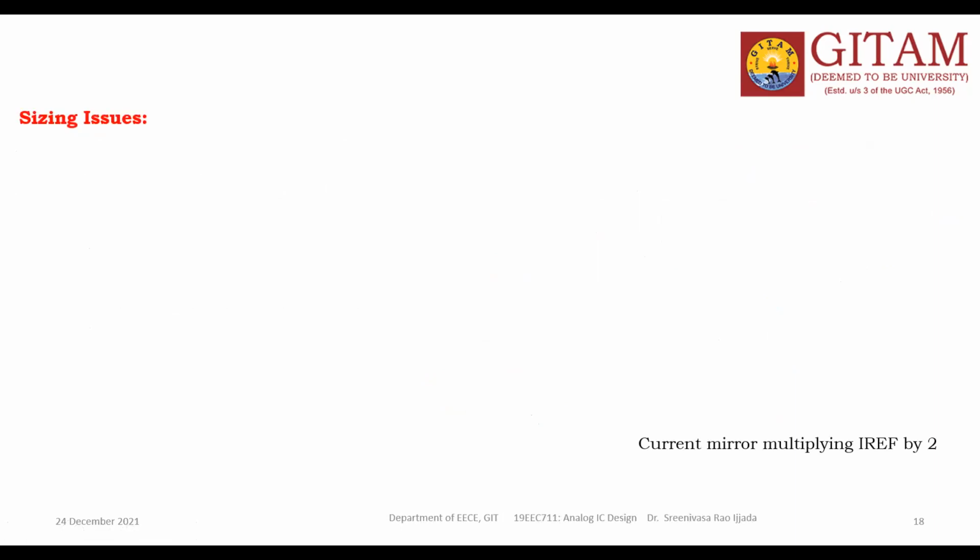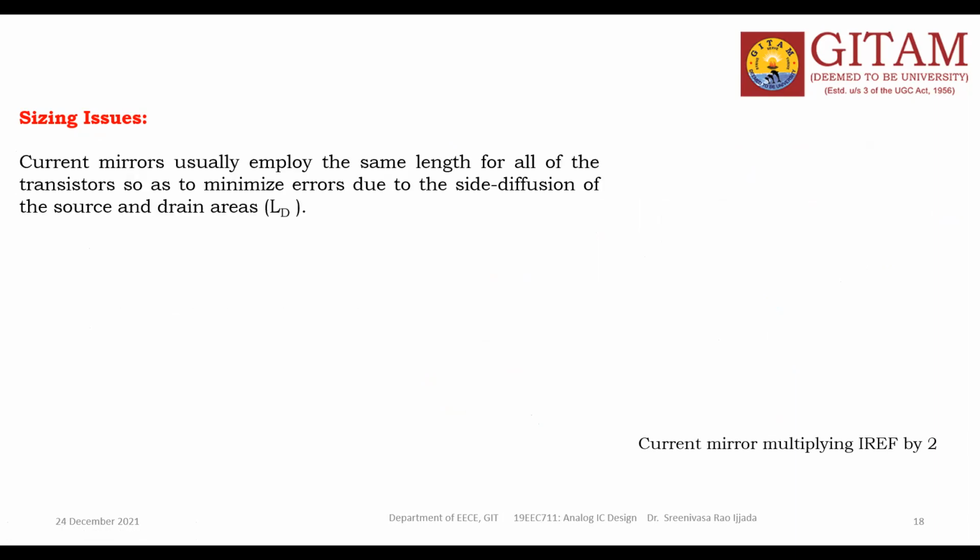Sizing issue. What is the device sizing issue? Current mirrors usually employ the same length for all of the transistors so as to minimize the error due to side diffusion or sidewall diffusion. We know that LD.